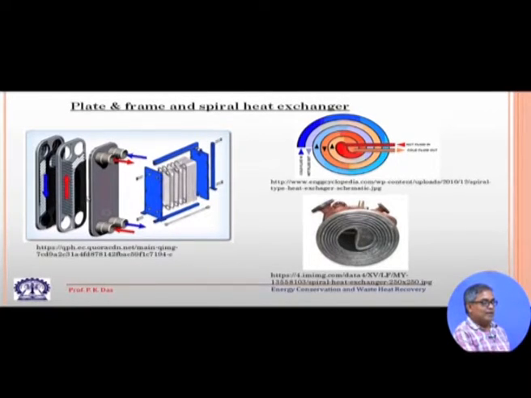On the plate, there are some sort of surface features, and when two plates come close together, these surface features provide the flow path. You can see there could be a zigzag flow path, and by providing this kind of flow path, we can increase the residence time of the fluid.